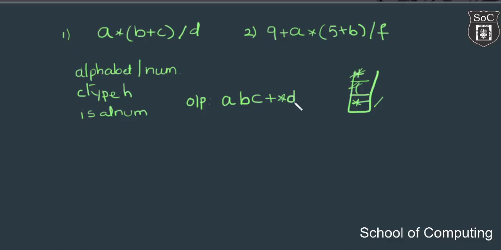I'll write it to the output string, and once I reach the end of the expression, I will pop everything from the stack and append it to my expression. There is only one symbol, slash. I write it here. So this is ABC+*D/. This is the process, and let us go through the code and understand how this was actually implemented.